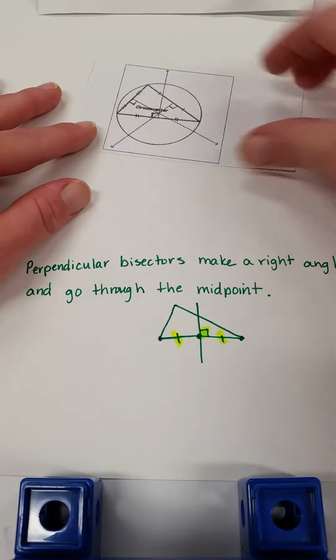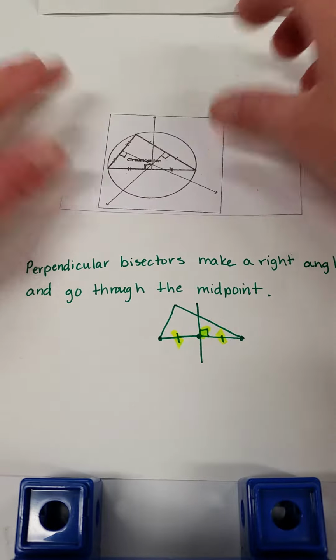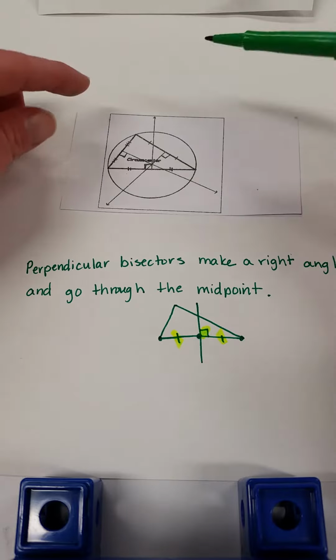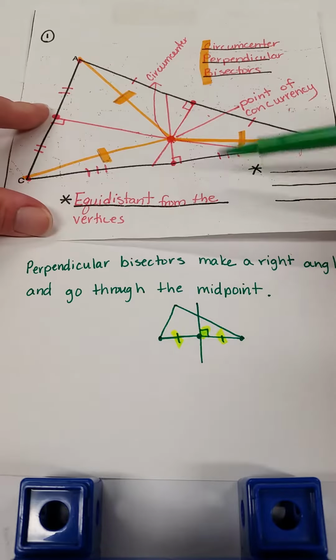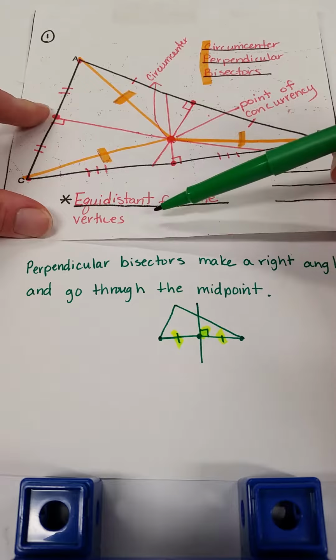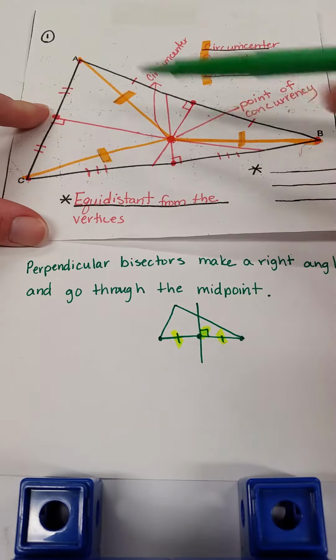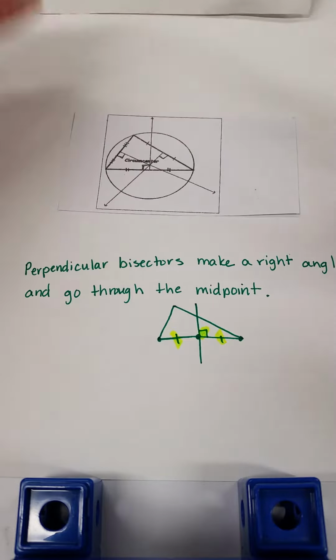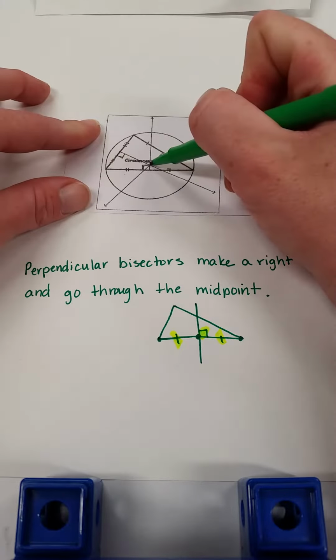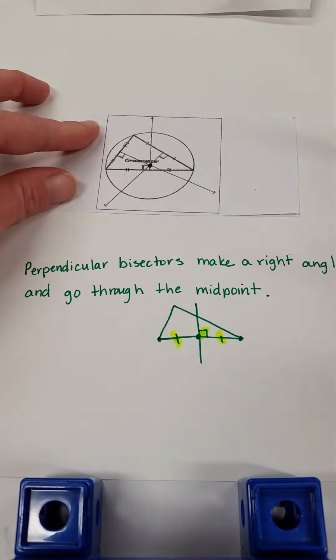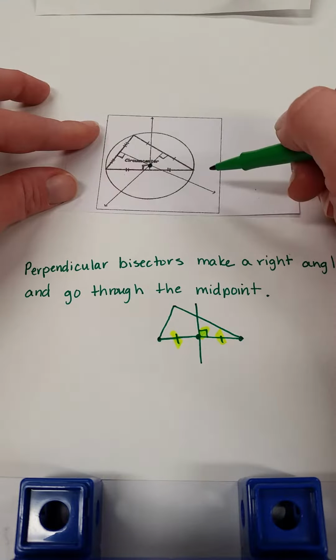Now, I want to talk about this picture before we go to the incenter. Do you remember right here where we said the circumcenter was equidistant from the vertices, and we drew in these orange segments and we said that these are all the same length? Well, look what we have here. Here is your circumcenter right there. That's where all the perpendicular bisectors meet.